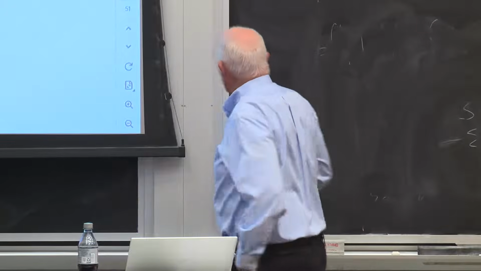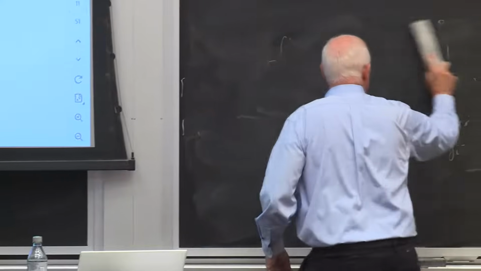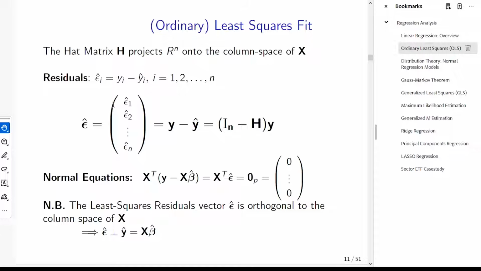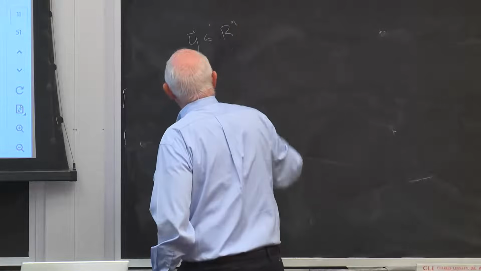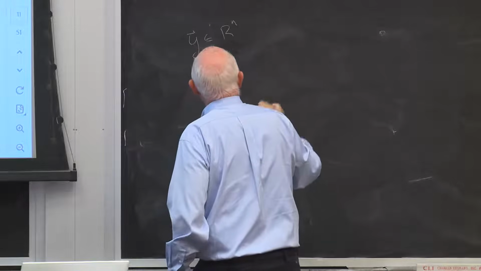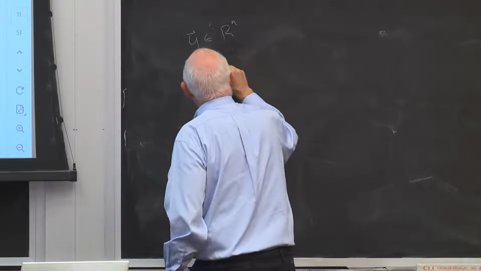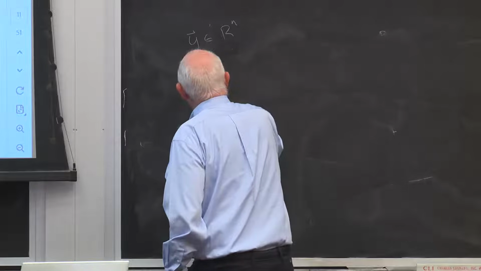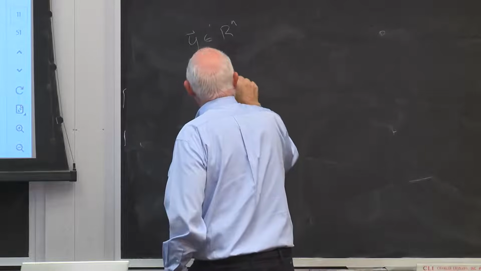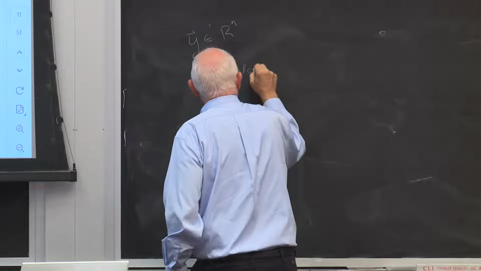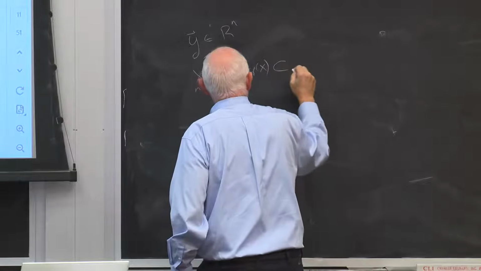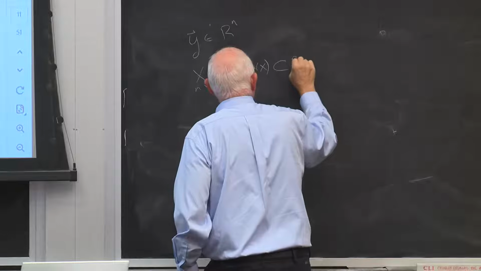Something to keep in mind that's really quite useful when we use linear algebra with least squares is that we have y being in n-dimensional space. We have an X matrix n by p, which corresponds to a column space of X, which is a subspace of R to the n.